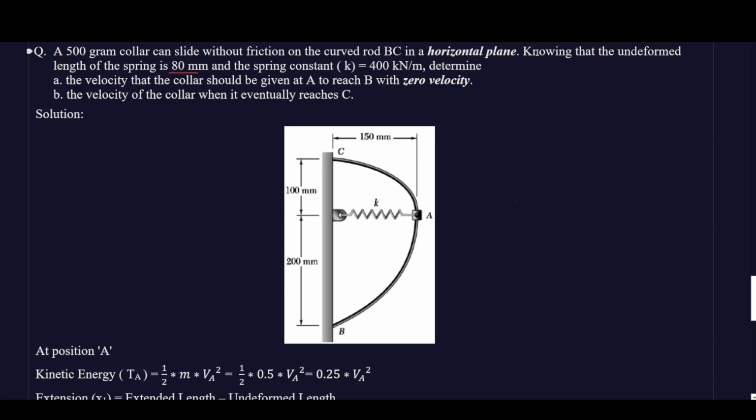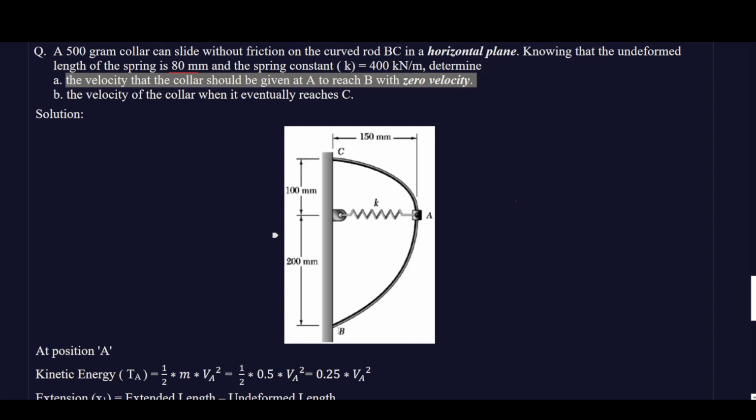Knowing that the undeformed length of the spring is 80 mm, and the spring constant k is 400 kN/m, the question asks us to determine the velocity that the collar should be given at A, so that it reaches position B with zero velocity.